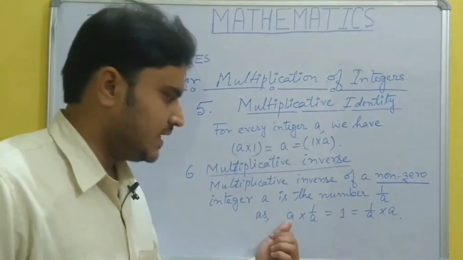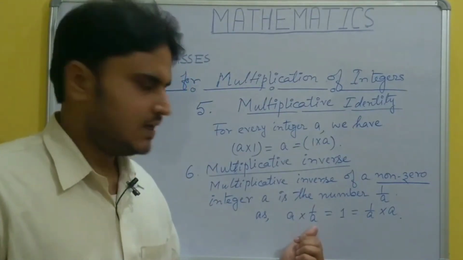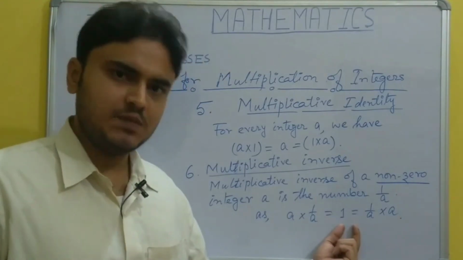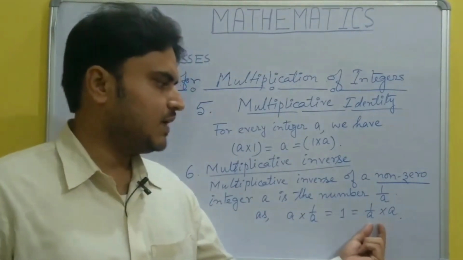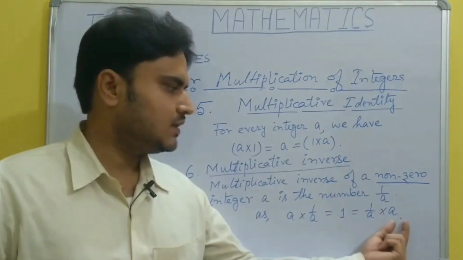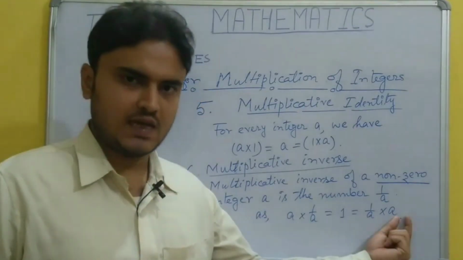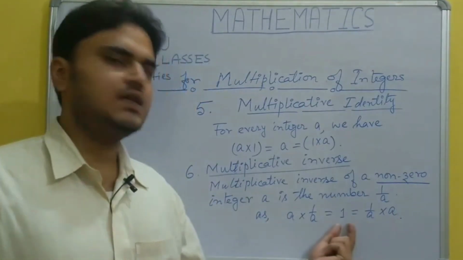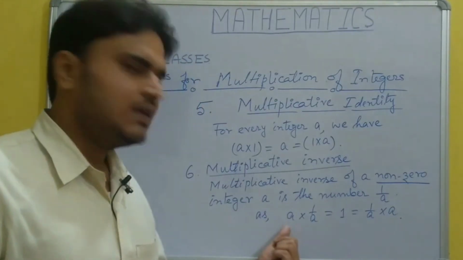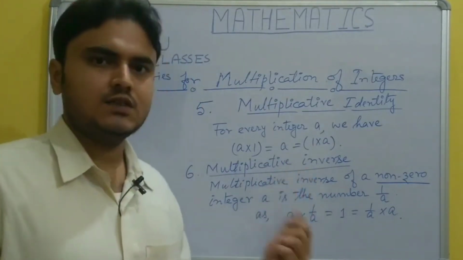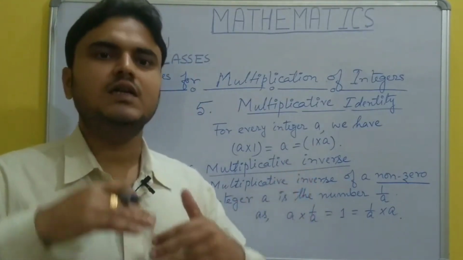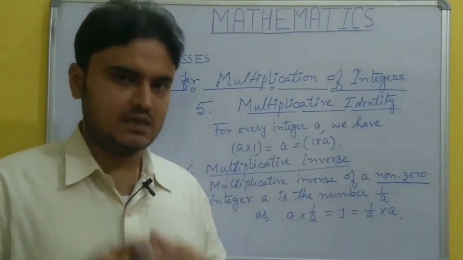If we multiply a with the reciprocal 1 by a, then we will get 1. Similarly, if we multiply 1 by a with its reciprocal a, then also we will get 1. So multiplicative inverse means the reciprocal of that integer number.